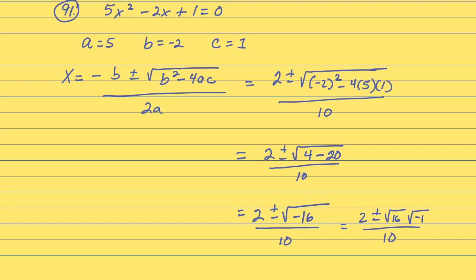The square root of 16 is 4, so you have 2 plus or minus 4. The square root of negative 1 is i, and you're dividing by 10. So this simplifies. 2 divided by 10 is 1/5. 4 divided by 10 is divisible by 2, so it's 2i over 5.